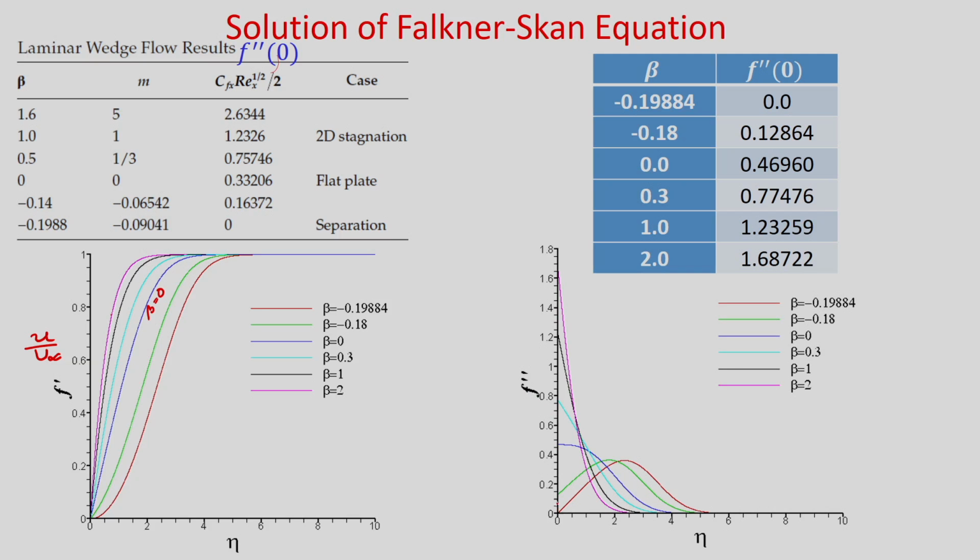So, these are the values of f double prime at eta equal to 0 for different values of beta. You can see this blue color, beta equal to 0, that means flow over flat plate. So, here f double prime 0 is 0.33206.